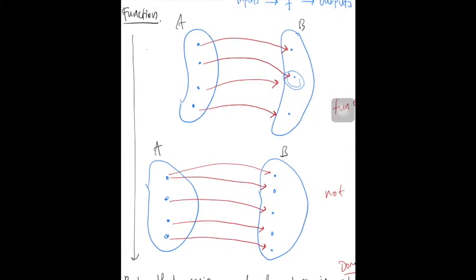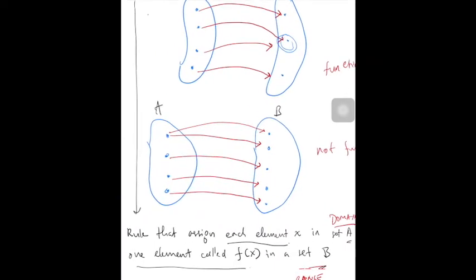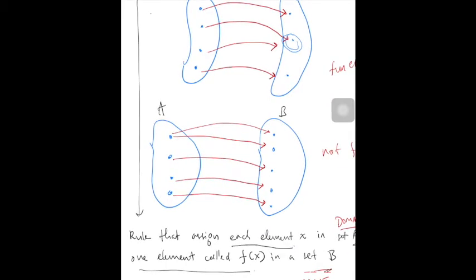The function is the first case, okay, where the elements in the set of A are assigned to B. If they have the same element in B, that's not a problem. But it will be a problem here when one element of A becomes 2 in B. It's not a function, okay?